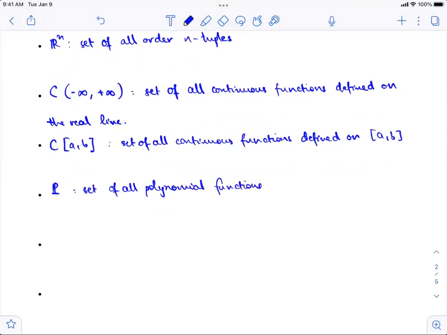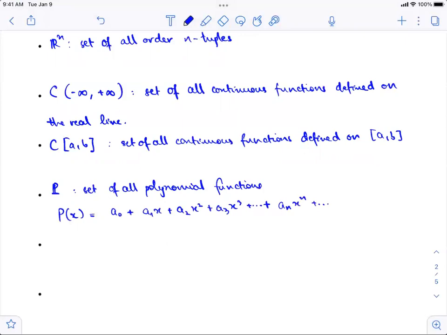You have seen the definition of polynomial functions already a few lectures ago. But if you want, you can write this as a0 plus a1 x plus a2 x squared plus a3 x cubed, and so on and so forth, up to x to the power n, and you can raise that to any power if you like.